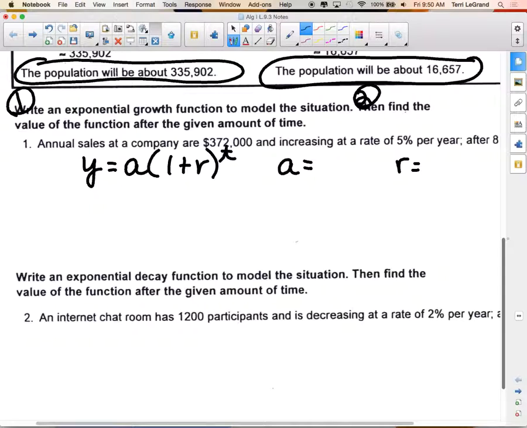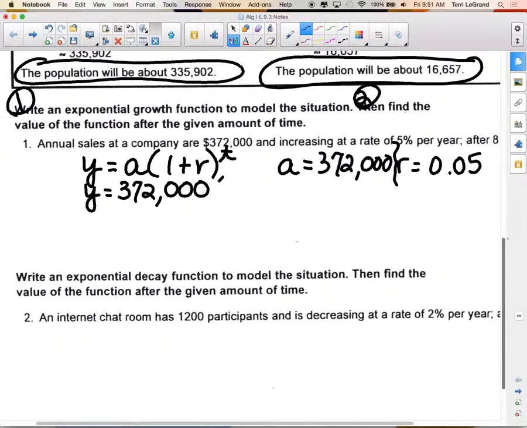So what's our A? Josh? 372,000. Yep, 372,000. And what's our R? 0.05. Okay, 5% changed to a decimal. I don't care about the after 8 right now. We are doing our first answer. So we are going to say y equals 372,000 times 1 plus 0.05 raised to the t power.